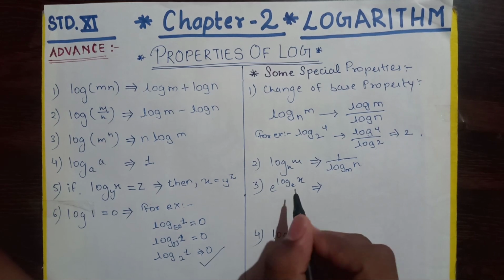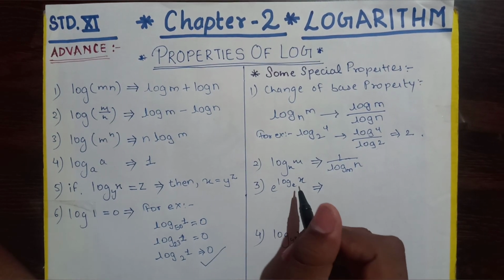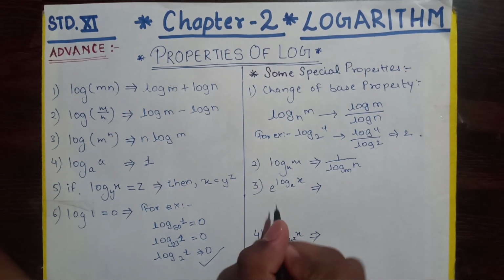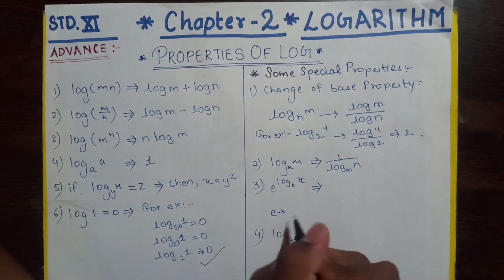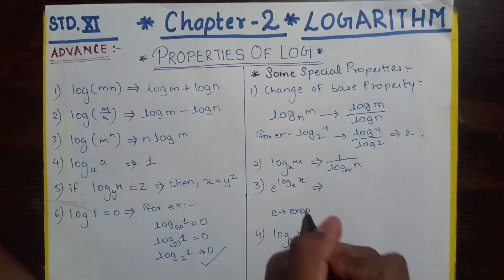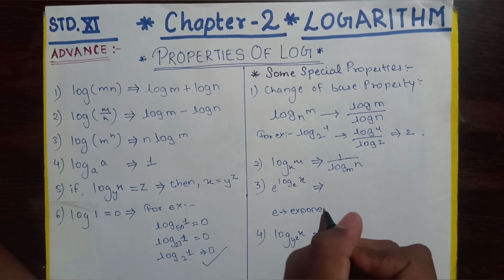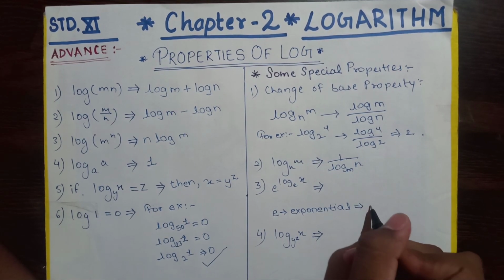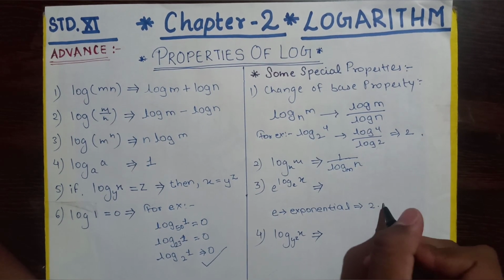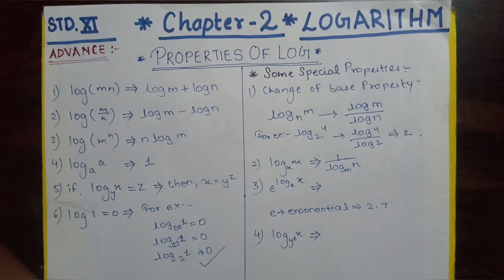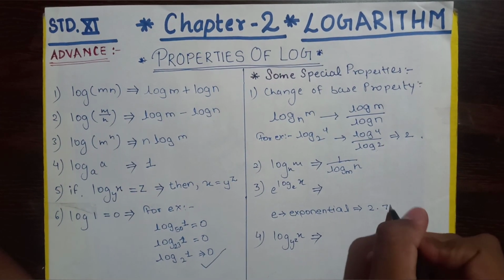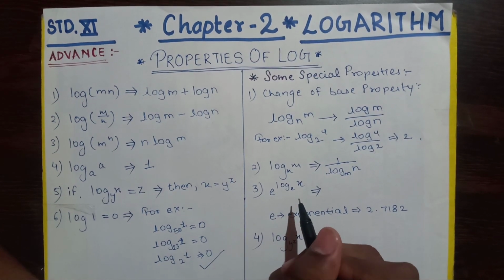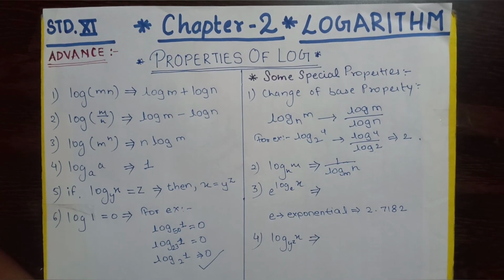Our very next property is e raised to log x to the base e. Now you would be thinking, what is e? I'll tell you: e means exponential, and its value is approximately 2.718.